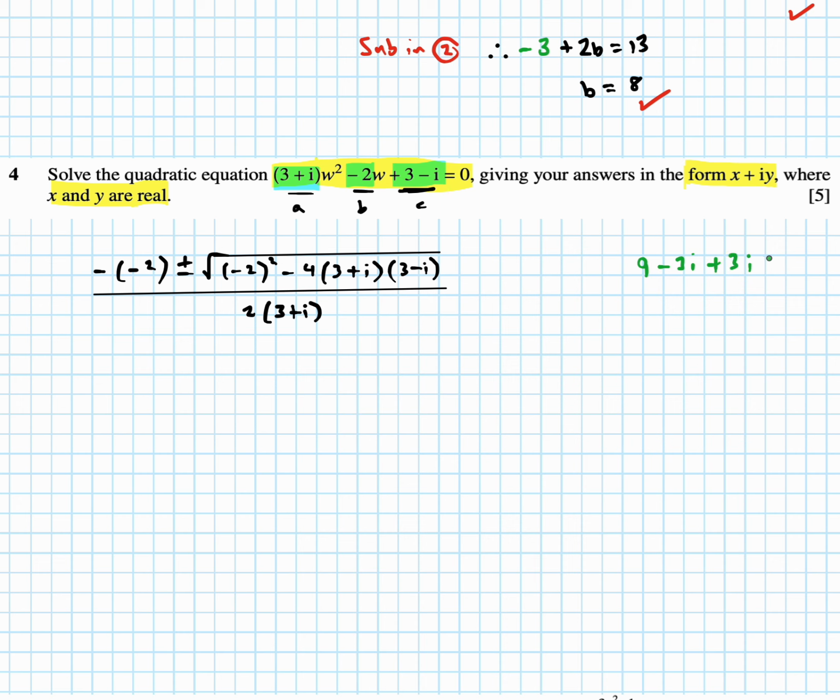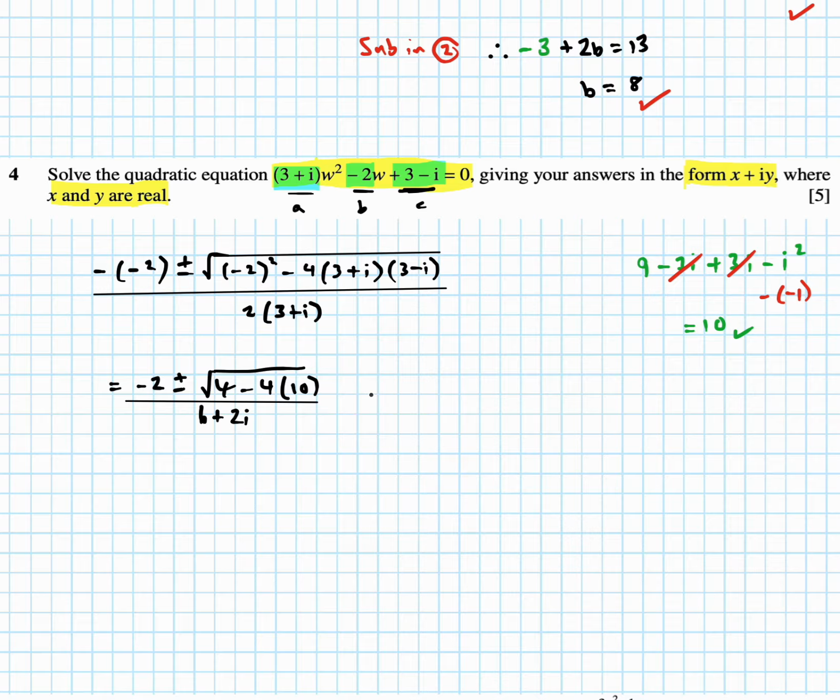You're going to get 3 times 3 is 9, plus and minus 3i, and then remember that i squared, so i times i is going to be minus 1. So be careful with that part there. So 9 minus 1 is 10. Just for that simplification, I'll do it now. So root 4 minus 4 times 10, all over 6 plus 2i.